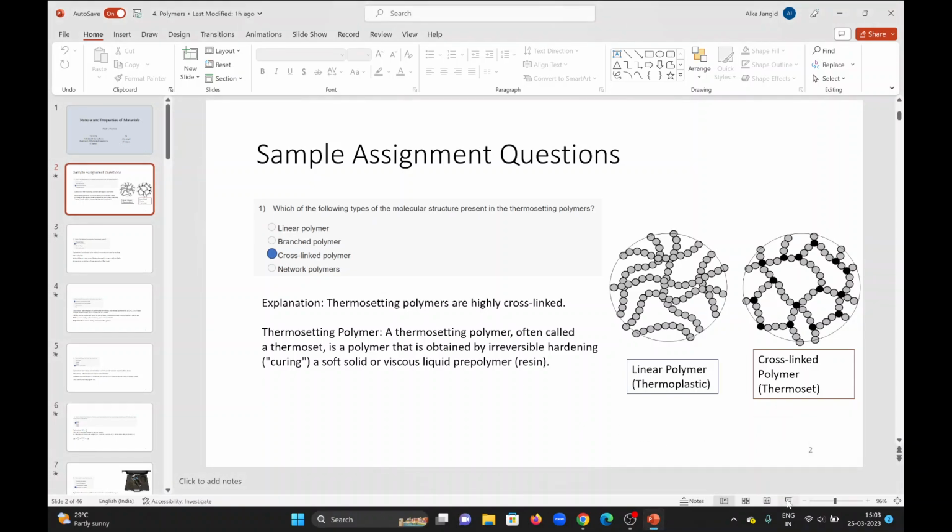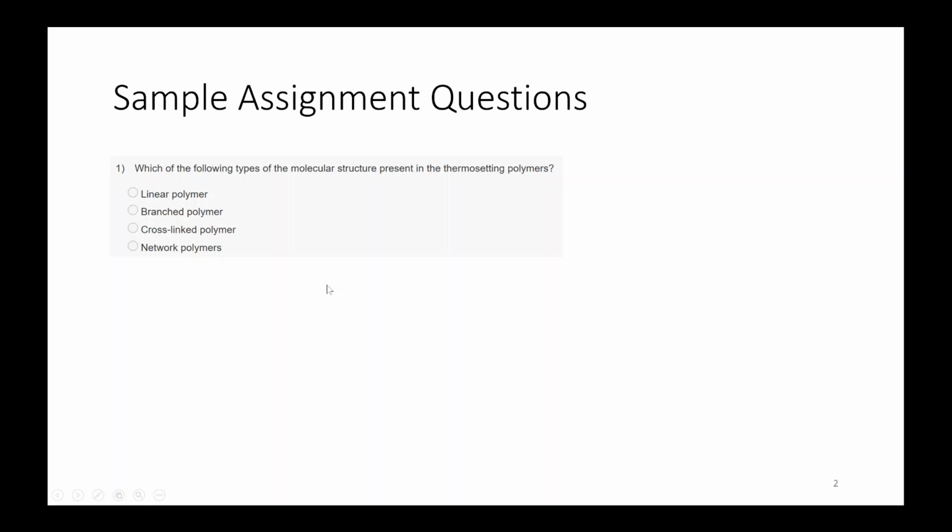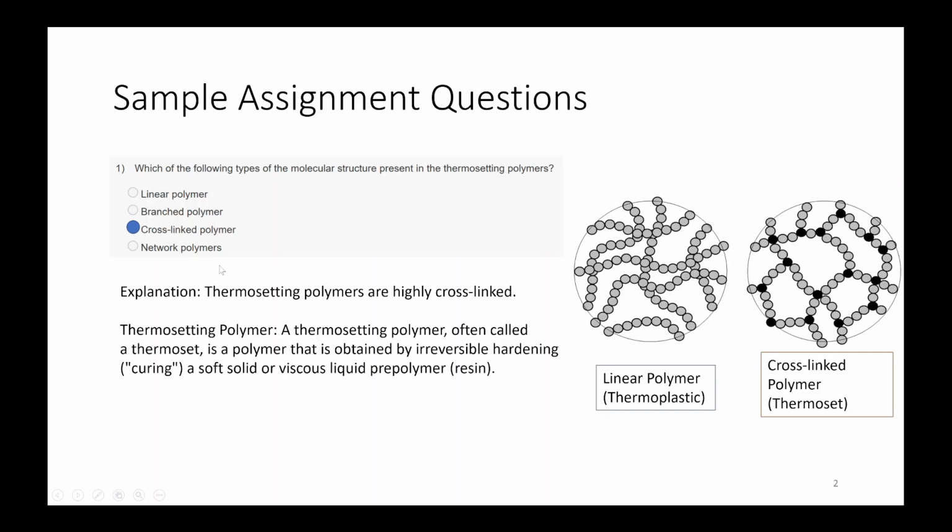The answer will be cross-linked polymer, because thermosetting polymers are highly cross-linked. They are often called thermosets, and are obtained by irreversible hardening or curing of a soft solid or viscous liquid pre-polymer, which is also known as resin.